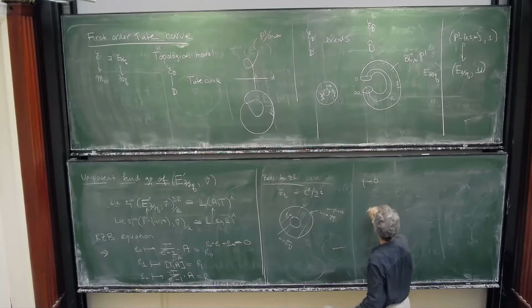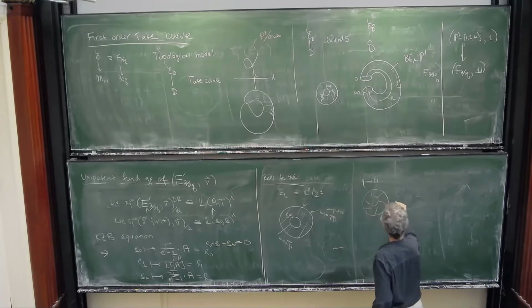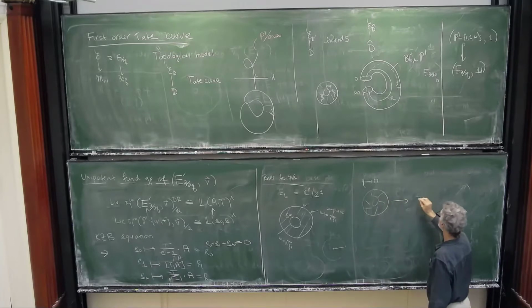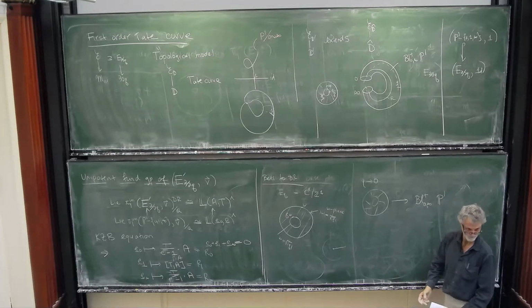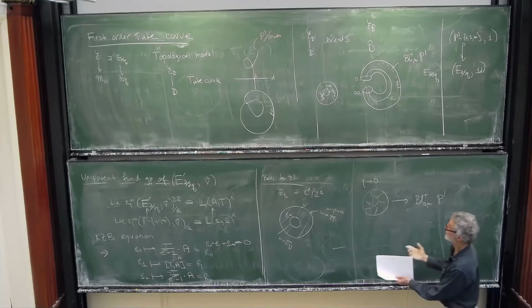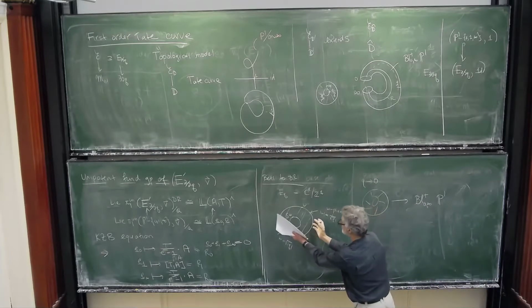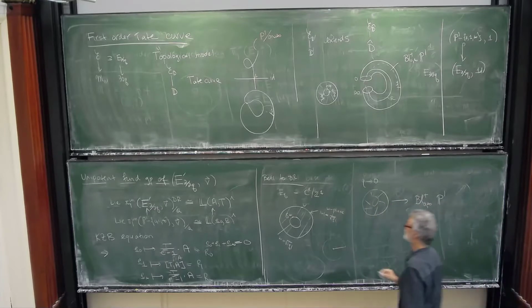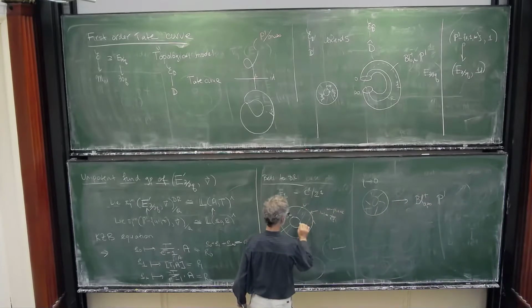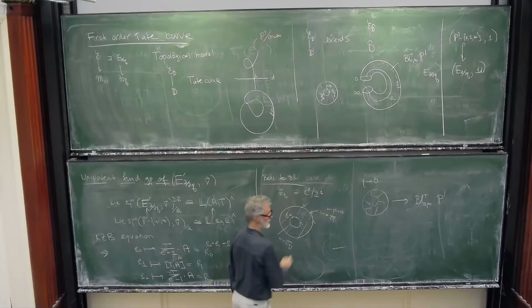This annulus here converges to the oriented blow-up at 0 and infinity of P1, right? And when you're coming in on this axis, you're identifying the outer edge here with this edge here with no rotation, right?